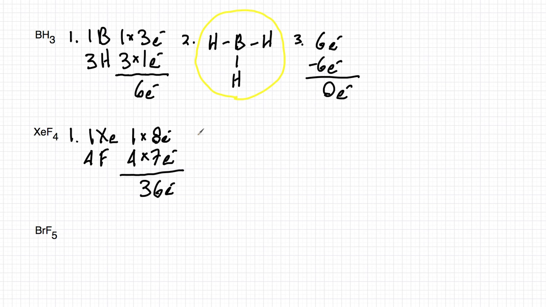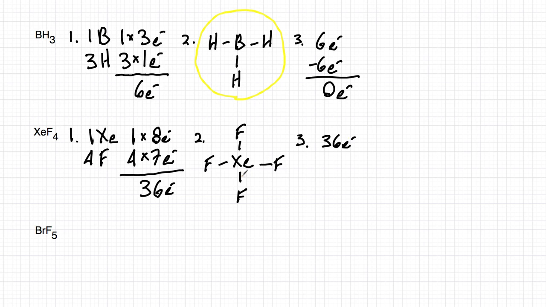electrons. For our trial structure, well, let's go ahead and put xenon in the middle. And for our accounting step, step number 3, we started with 36 electrons.